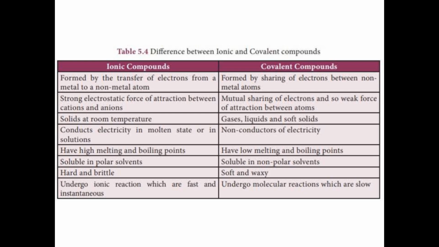Covalent compounds are soluble in non-polar solvent, except those of acids, like we have mentioned the other time. Ionic compounds are hard and brittle. Covalent compounds are usually soft and waxy. Ionic compounds undergo ionic reaction which are fast and instantaneous, while covalent compounds undergo molecular reaction which are slow. So these are salient differences between covalent and ionic compounds.